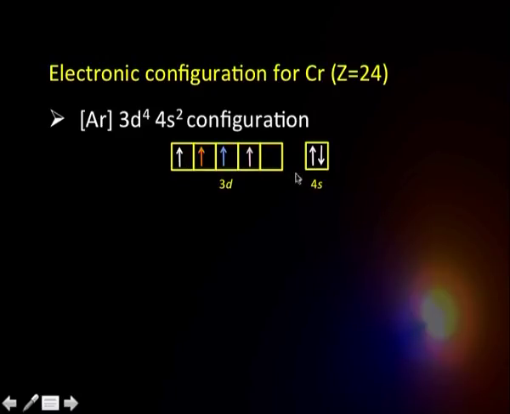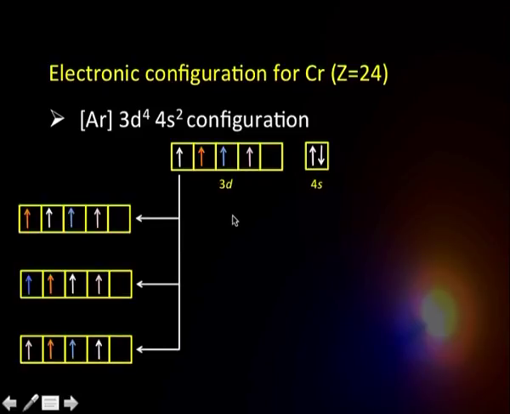I have not labeled the d orbitals. Let us put it into the first orbital. This can exchange position with this one and this one. So there are 3 possibilities. That means this electron shown in white can change position with the second one, the third one and the fourth one here. So 3 exchanges are possible for this electron with the rest of them.